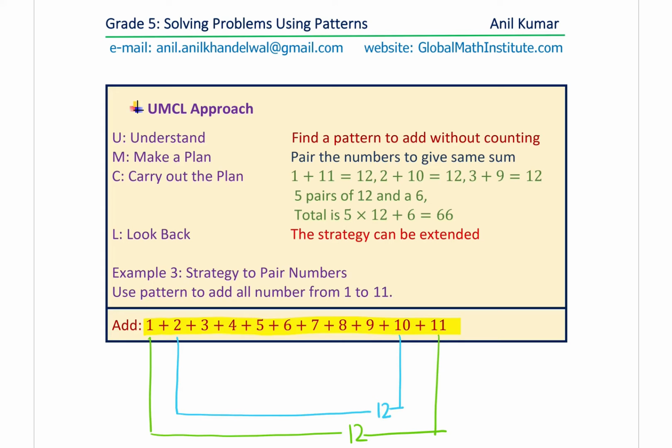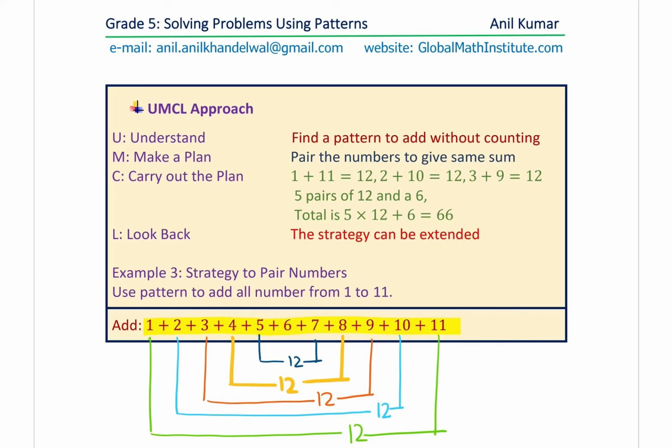Perfect. Now, if I pair 3 with 9, I get 12 again. That is how I'm pairing, right? And 4 and 8 is going to give me 12. Similarly, I can again pair 5 and 7, and we get 12.